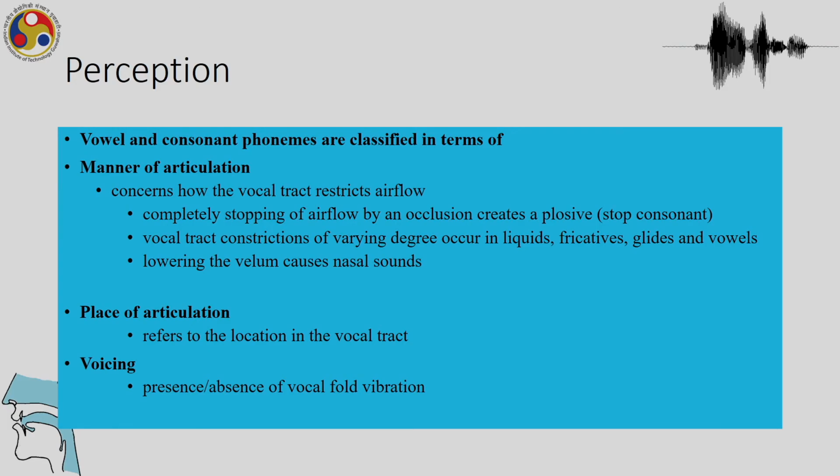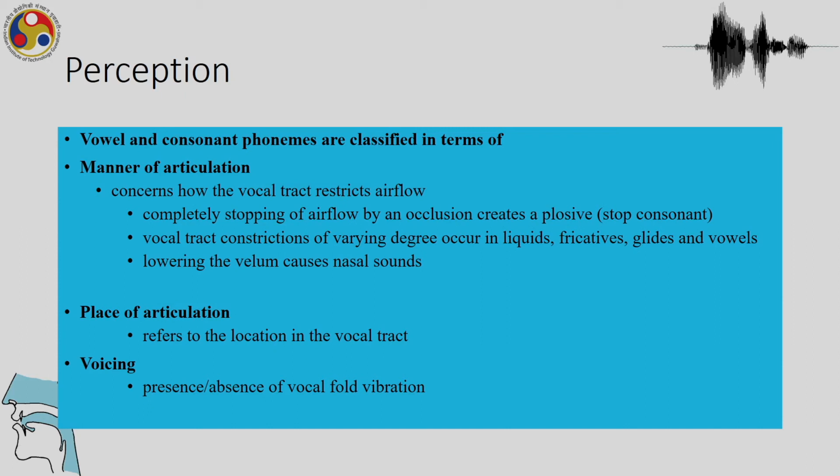So, when you talk about consonants and manner of articulation, a stop completely stops the airflow, and other sounds like liquids, fricatives, glides and vowels have varying degrees of occlusion, and lowering the velum causes nasal sounds. Place of articulation refers to the location of the occlusion in the vocal tract, and voicing is the presence or absence of vocal fold vibration.